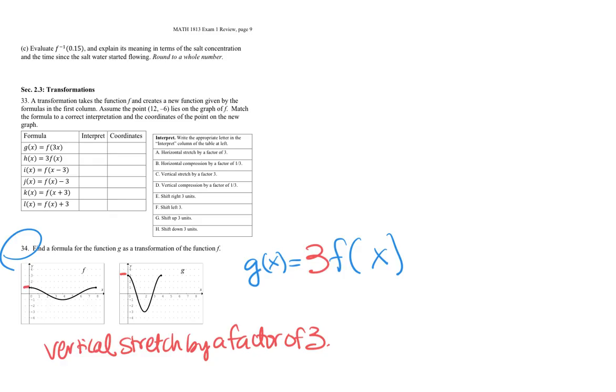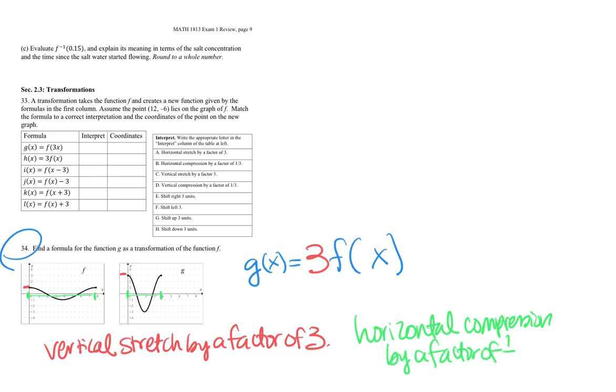Okay. The other thing I might notice is that my original function went from 0 to 8, but my new function goes from 0 to 4. And so I have compressed horizontally by a factor of 1/2.